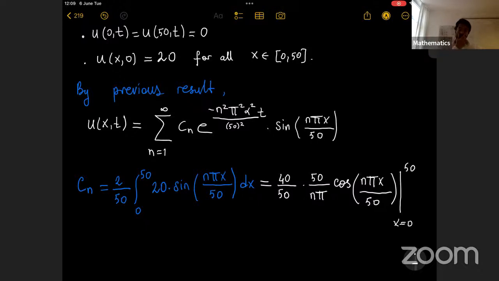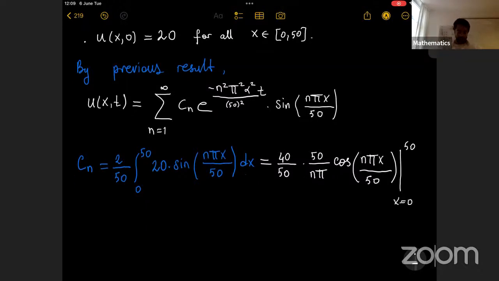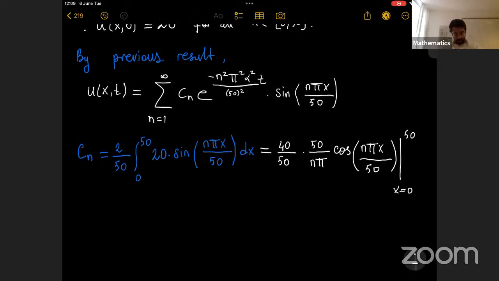We get, well, there's cancellation here. So it's going to be 40 over nπ.